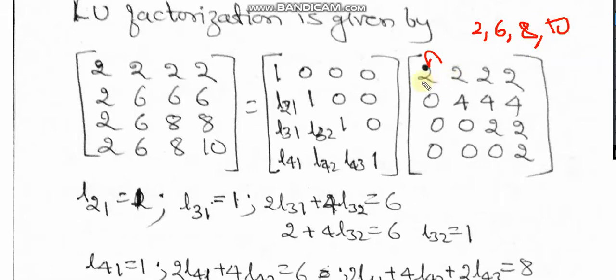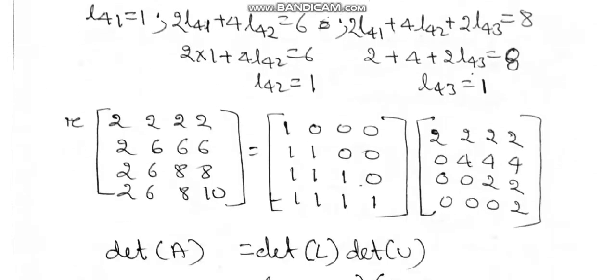So the first element is n1, the second is 6 minus 2, that is n2 minus n1, the third is n3 minus n2, and the fourth is n4 minus n3. So that has been generalized, in terms of n1, n2, n3, n4.